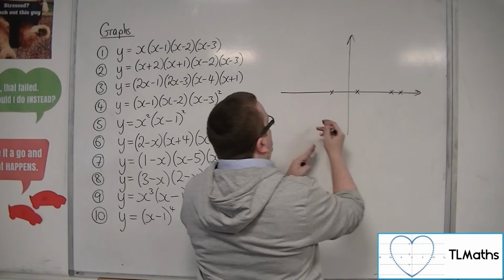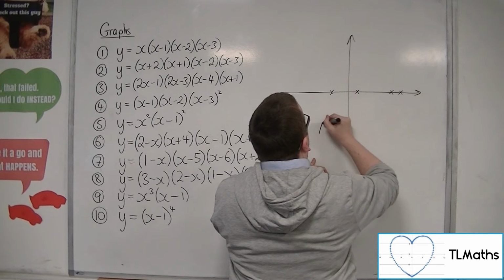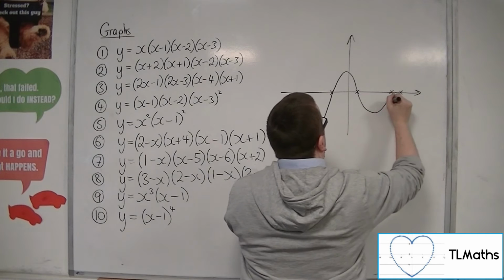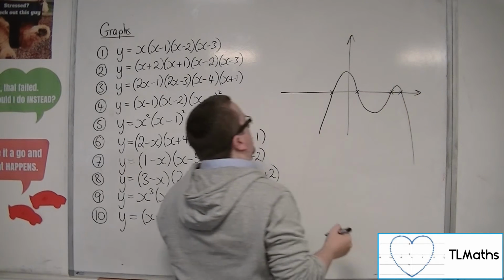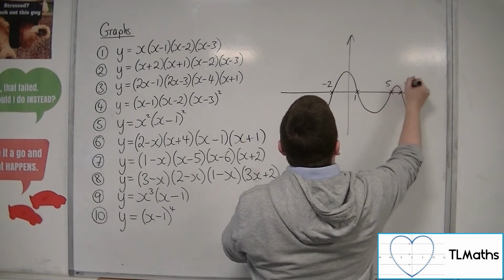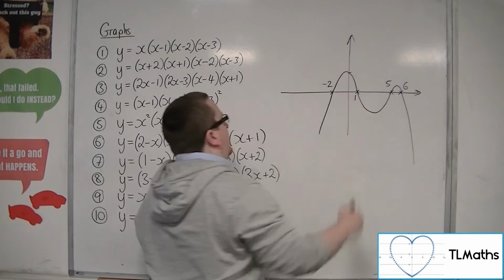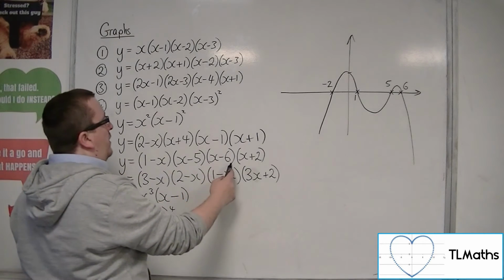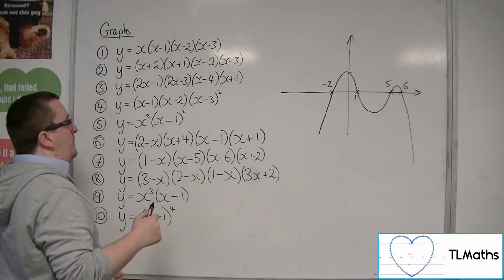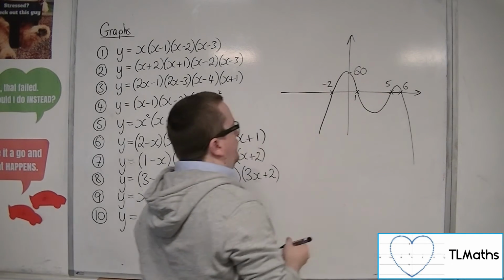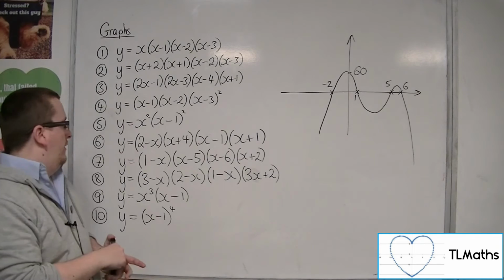So we must be starting in the bottom left. So this curve must look something like this. So here's my minus 2, there's 1, there's 5, and there's 6. And we can identify where it's crossing the y-axis by multiplying 1 by minus 5 by minus 6 by 2. So that would be 60. Okay, and that's number 7.